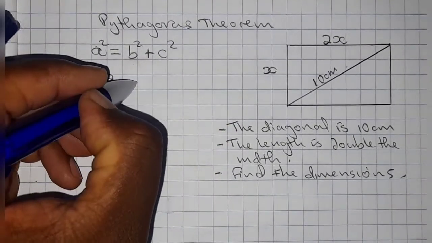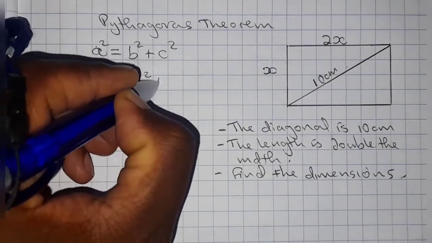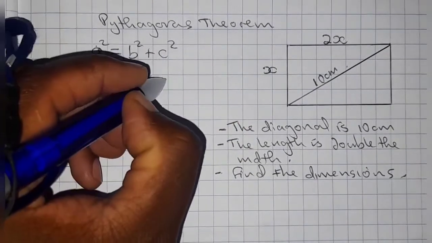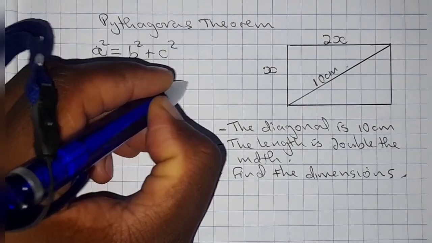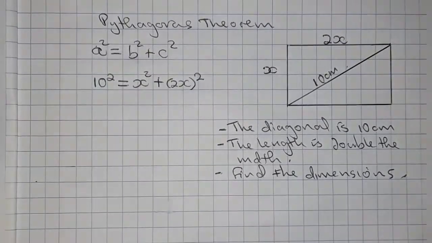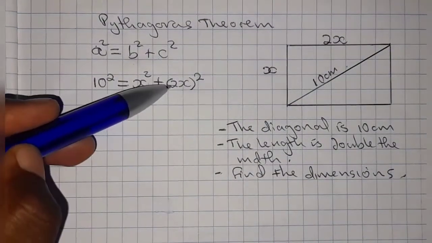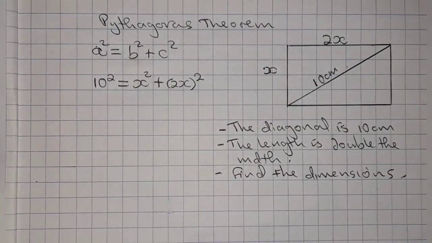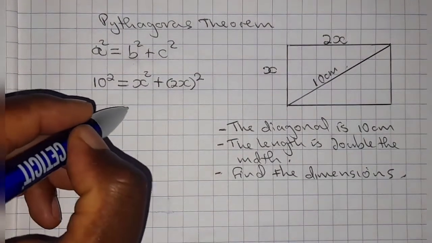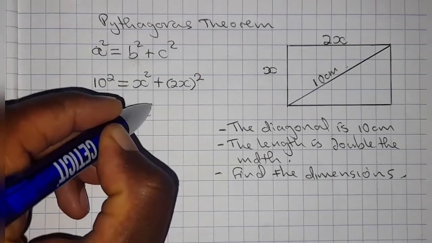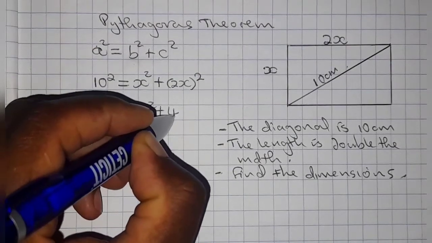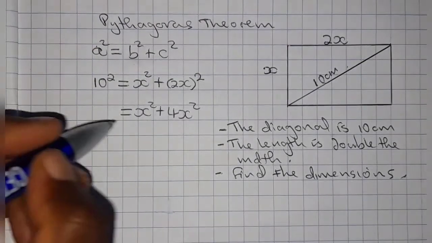let's take our b as our width, that is x squared, plus 2x in brackets, squared. We have to put that in brackets to make sure both of them are squared, and this is equal to x squared plus 4x squared.